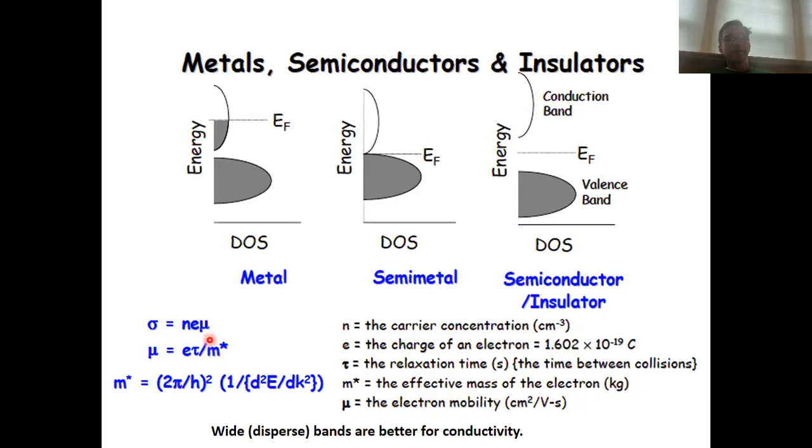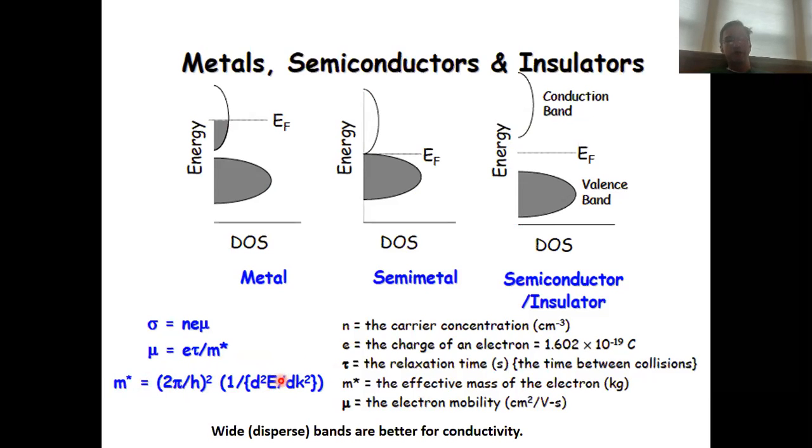The last parameter is what is called the effective mass of the electron. The effective mass of the electron is related to the slope of the particular band. You see here the quantitative formula for that. The effective mass is 2 pi over h squared times 1 over the second derivative of the energy of the band over the wave vector k. That derivative has to do with the slope of the band.